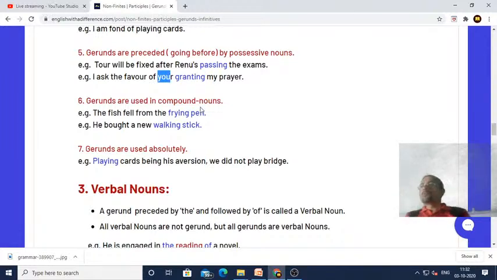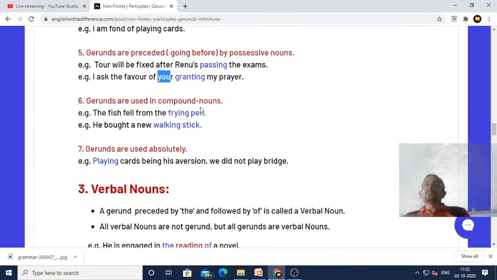So what do you mean by possessive noun or pronoun, dear student? Possessive means the word that shows possession. What is possession? Possession means ownership. If I own something, then it is my possession. Suppose this is my house, so my is called a possessive pronoun, because it shows the house is possessed by me.